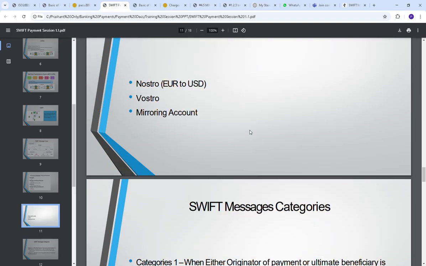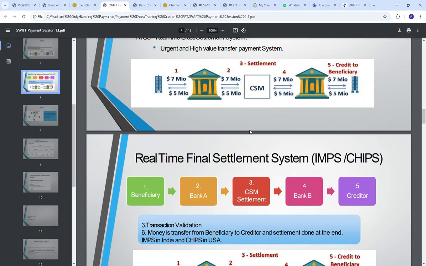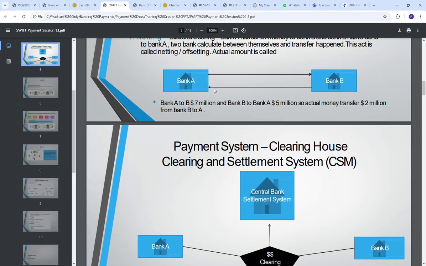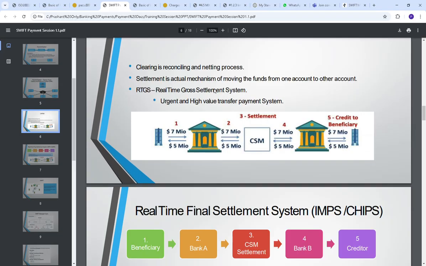What is a mirroring account? I will quickly explain it here. Just listen. Say there are bank 1 and bank 2. Bank 2 has given a payment to the CSM, for example 7 million.